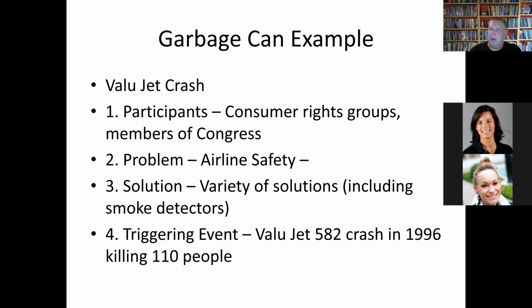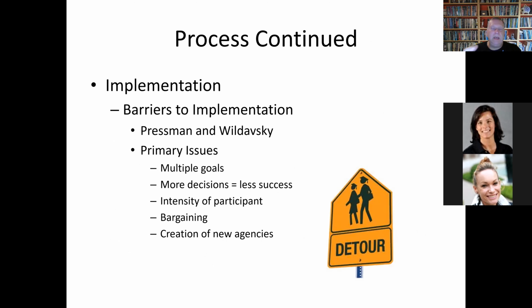And I think this garbage can model decision making really explains a lot of the way in which we do policy formulation in this country. Again, kind of in that punctuated equilibrium type of approach. Now, we already talked about why policy formulation is important to administrators. Administrators are involved in policy formulation. They provide advice and consultation to the policy makers through that formulation process.